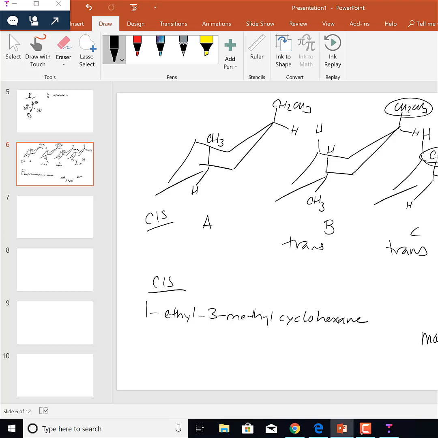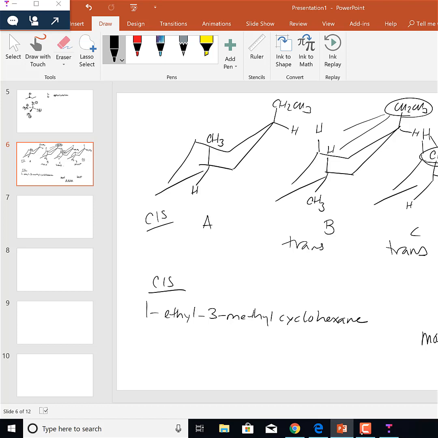A methyl undergoing 1,3 diaxial interactions is not as destabilizing as an ethyl group. In general, the bigger the group, the more destabilizing it is to have that large group axial. Given a choice, you want the small group axial first, and the larger group axial will be less stable.